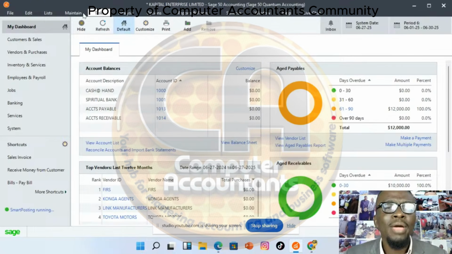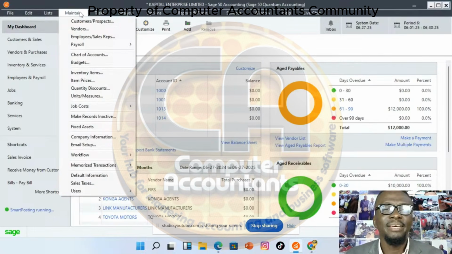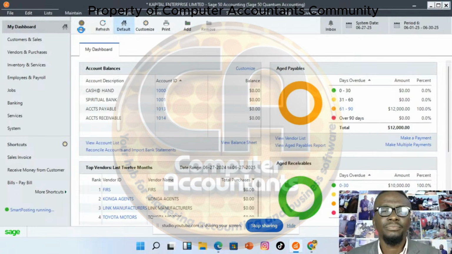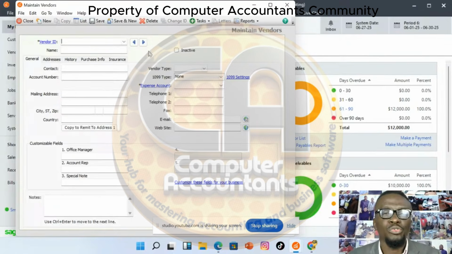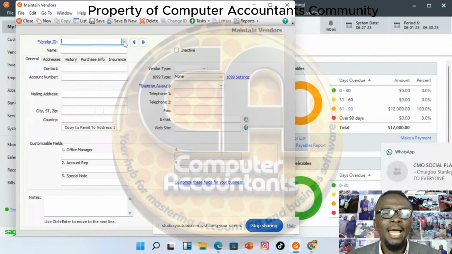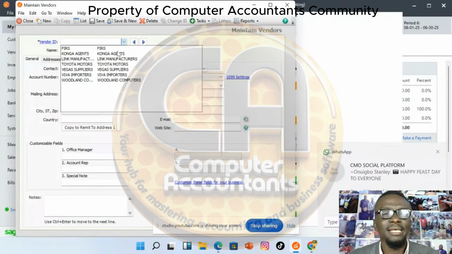Now, when you are creating them, you go to maintain, select vendors. It is very key that you link them to the right source. I'm going to pull out Vegas suppliers.